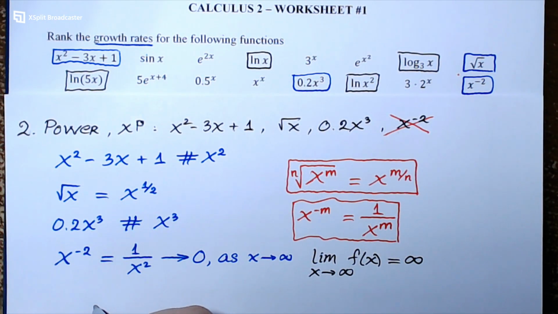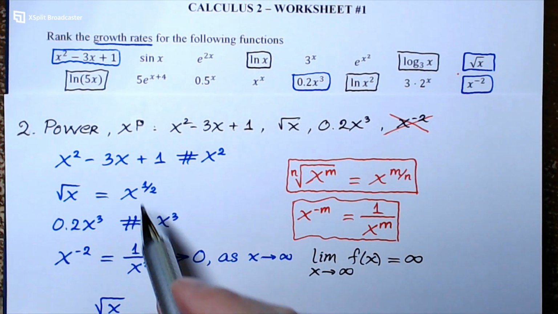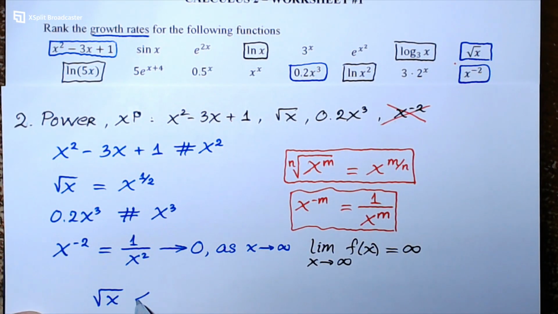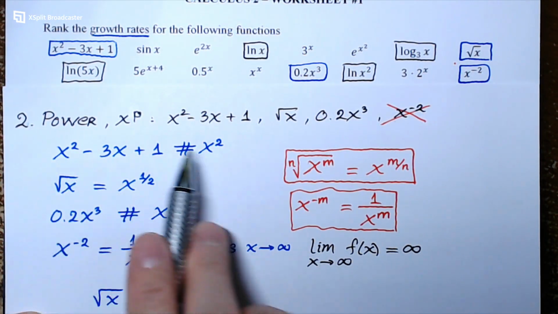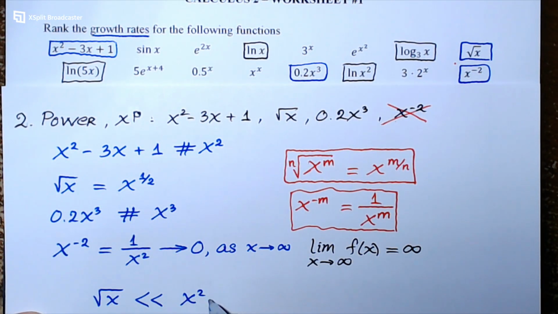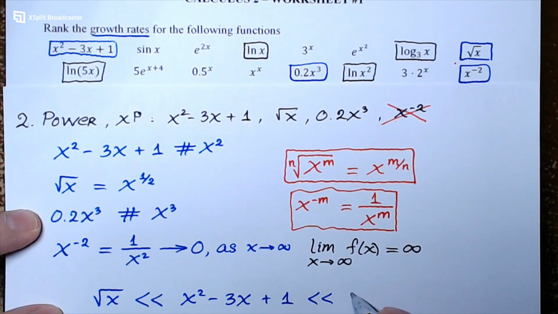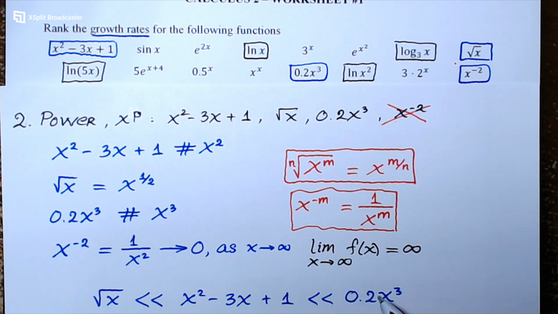Okay, square root of x is the slowest because the exponent is 1/2. And then we have x squared, and then we have that. So that is the class of power functions.